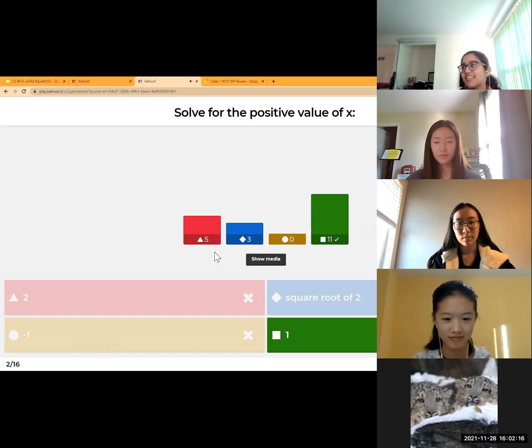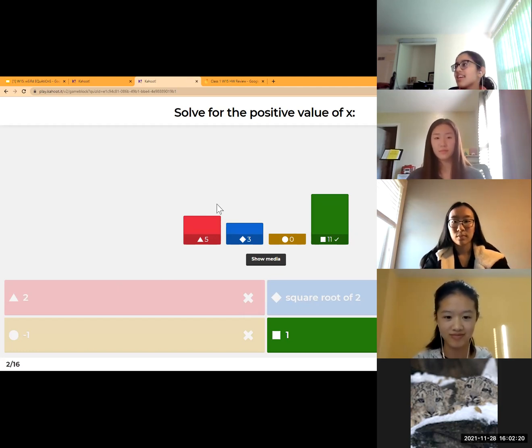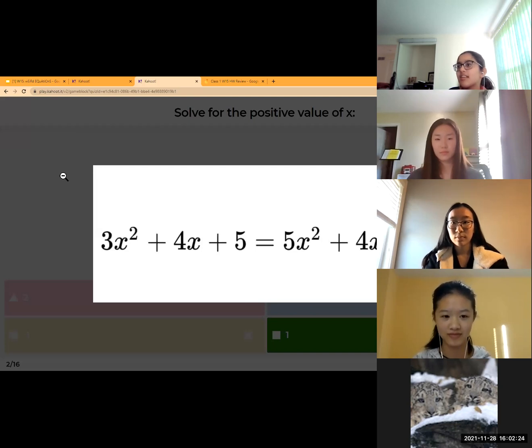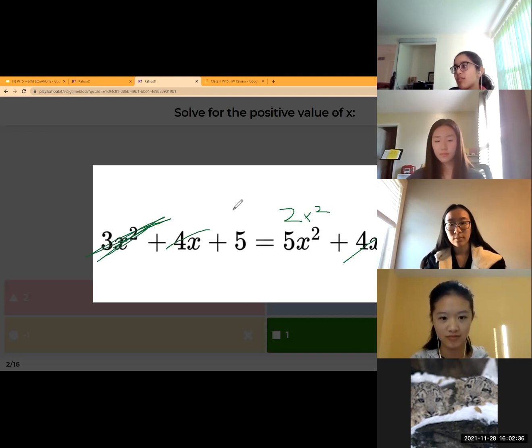Okay, so the answer is 1. Basically, we have this equation. So we get 2x squared is equal to, and then the 4x's cancel out. Remember, we subtracted the 3x squared, so pretend this isn't here. Then we subtract the 3 from both sides, and we get 2 is equal to 2x squared.